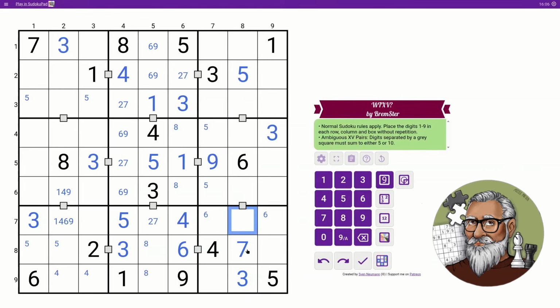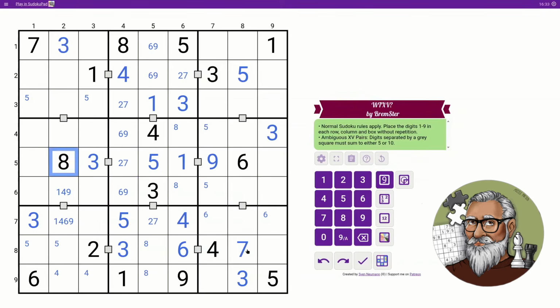So we need a 4 still. Okay, but one of them could be 4, 1 still, right? Yeah. Right. Okay.